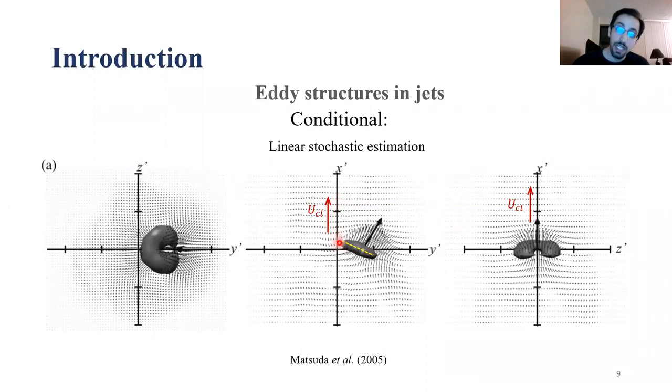But the difference here is that the leg of the eddy is located downstream of the head of the eddy, and the other difference is that the flow field between the legs of the eddy is positive. So we have a high speed region between the legs of the eddies and two low speed regions outside, opposite to the eddy structures in wall-bounded flows, where we had a low speed region between the legs of the eddy.